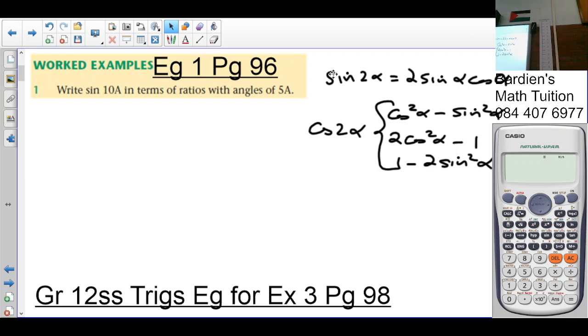So the question says write sine 10a in terms of ratios with angles of 5a. So how do you think we're going to break this up? We've got sine 10a. Now sine 10a can be written as what?